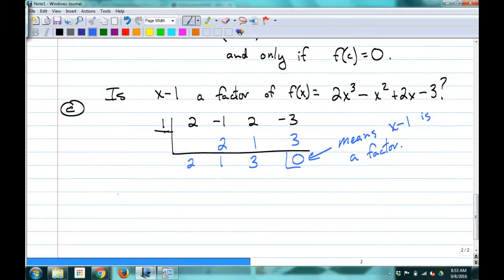So we could actually write the factored form of that polynomial. That f of x could be written x minus 1, and then what's our quotient here? It's 2x squared plus 1x plus 3. We can use that factor, and this is our quotient. The 2x squared plus x plus 3 is the quotient that we got when we did our division.